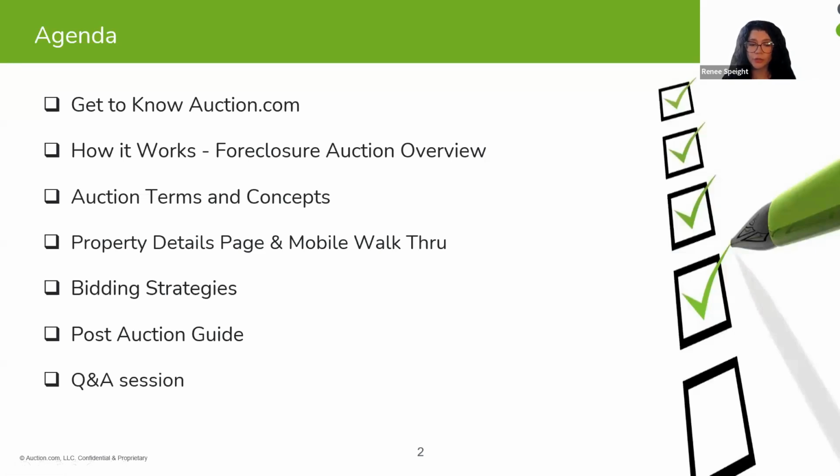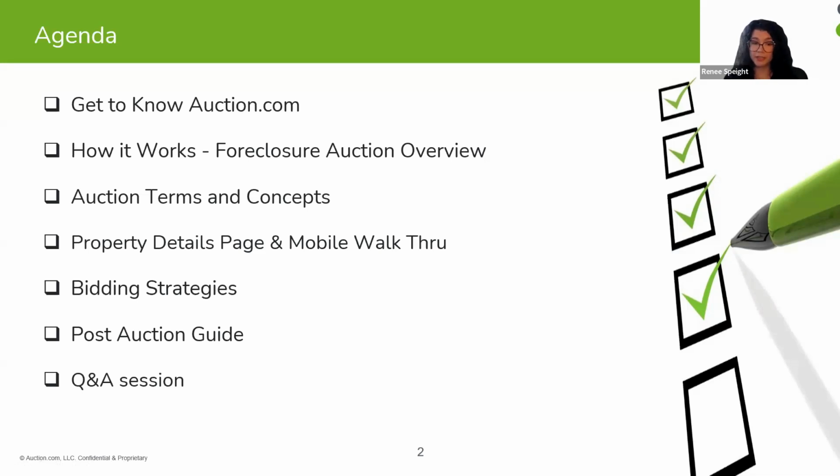We'll provide an overview of the foreclosure auction process, including key steps you'll need to follow to participate. We'll discuss some important auction terms and concepts that are essential to understand before placing bids. After that, we'll walk you through the property details page on Auction.com, where you can find critical information about each property, like its condition, auction time, and property status.